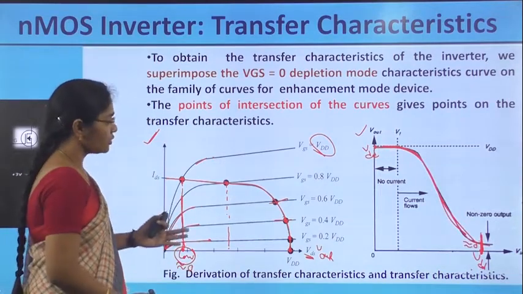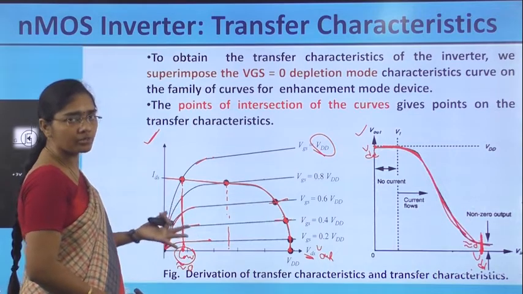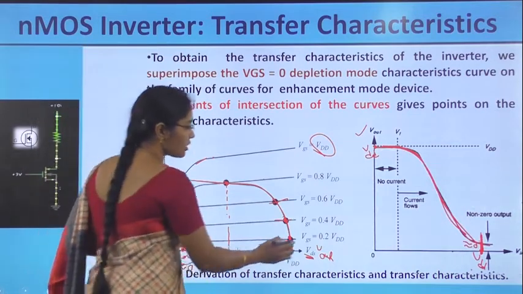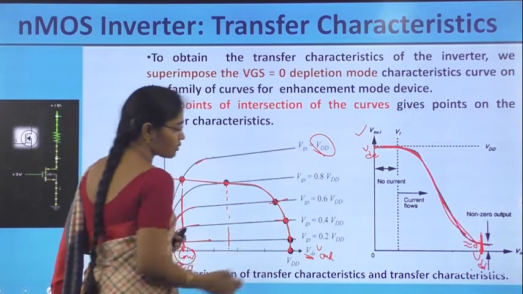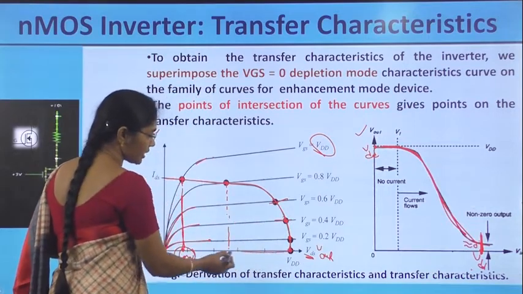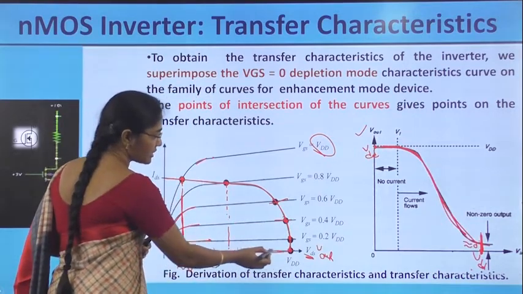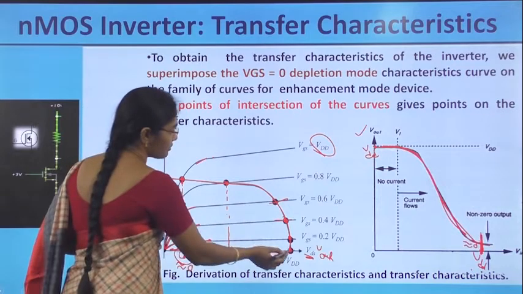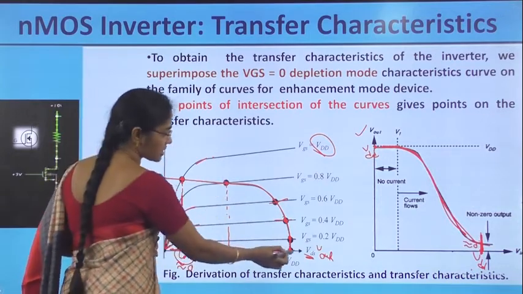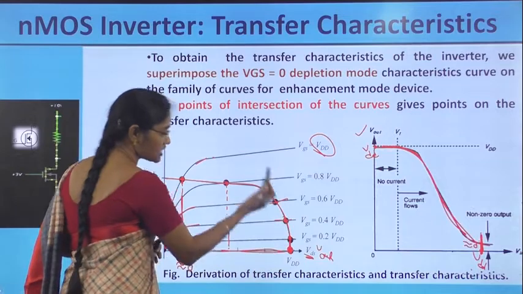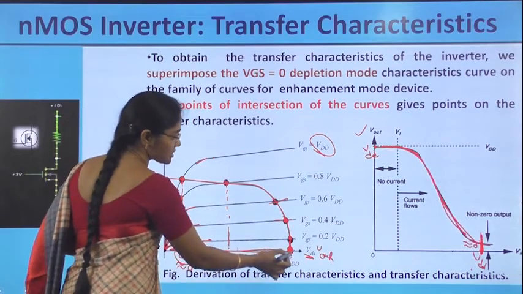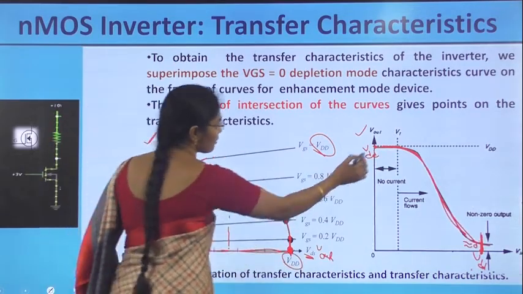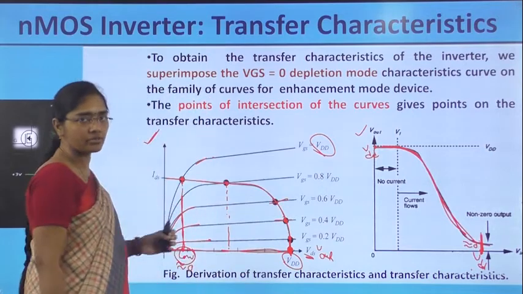And when Vin is equal to 0 value, that means VGS is equal to 0 value. At VGS equal to 0, the nMOS enhancement characteristic is this, and the depletion characteristic is this, so the intersecting point is this. This intersecting point represents Vout as VDD. Therefore, the output starts from VDD.